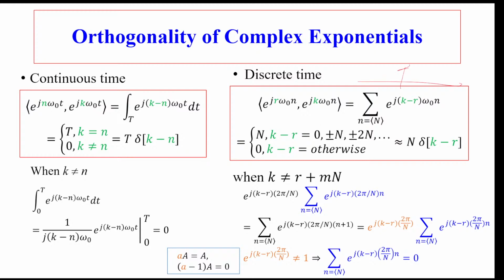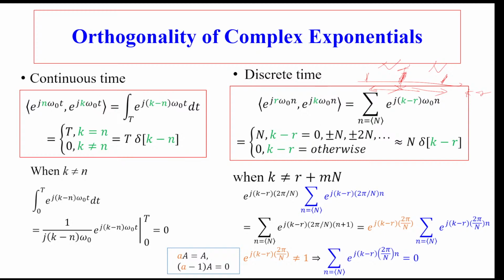So when k minus r equals big N, then it's non-zero. So for every big N you have a non-zero value. It's this function, so its height is big N, and this is like a periodic impulse, a periodic impulse with period big N. So it's this function here.